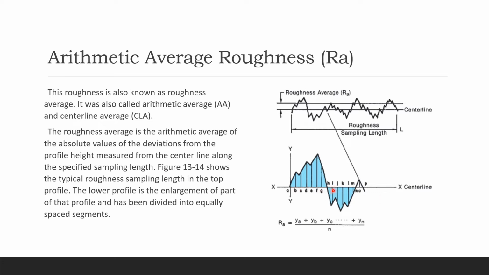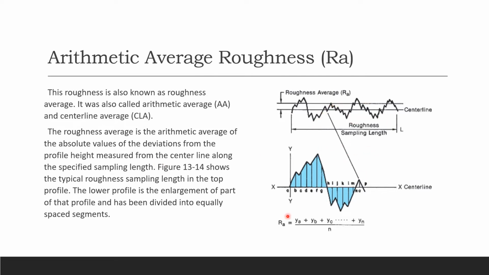Okay, so here in this picture you can see that clearly, and that's your center line. This is your profile height. And this is just a typical roughness sampling length in the top. So you can see the roughness average, and here is your center line, and these are the deviations along that line.